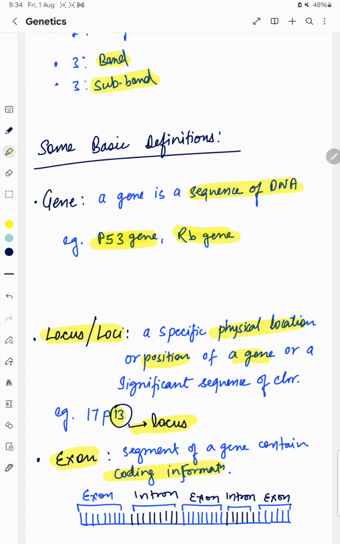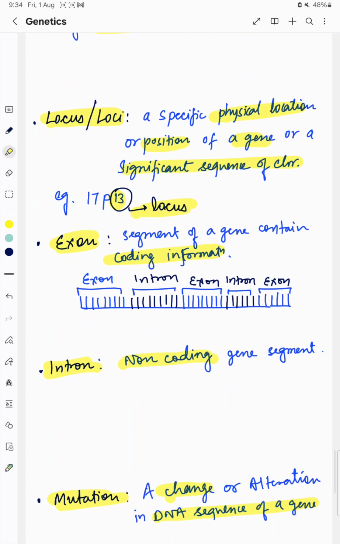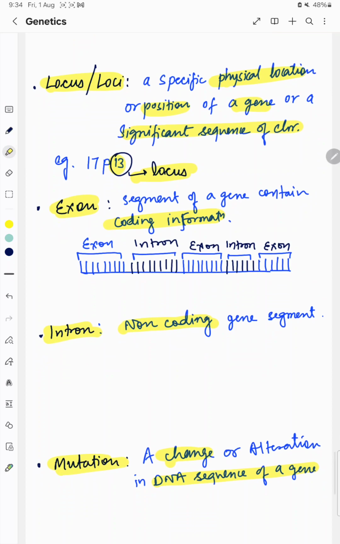A specific physical location or position of a gene or a significant sequence of a chromosome. What is an exon? They are the segments of a gene that contain coding information. What is an intron? Introns are non-coding gene segments. They are between the exons.